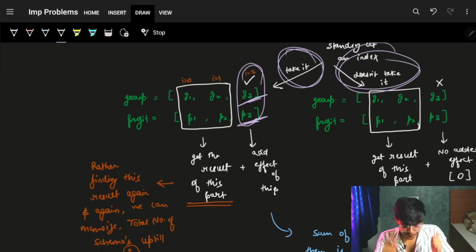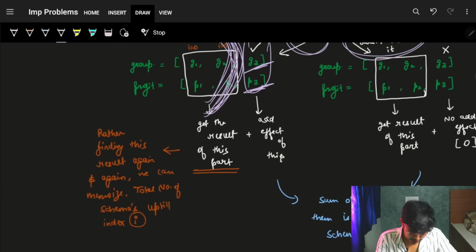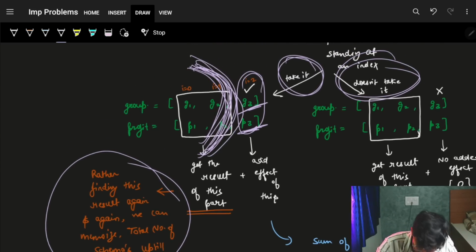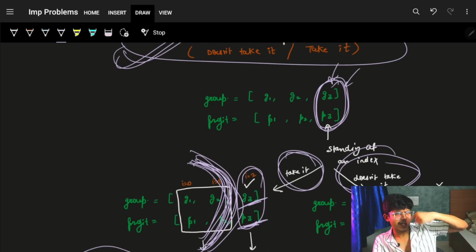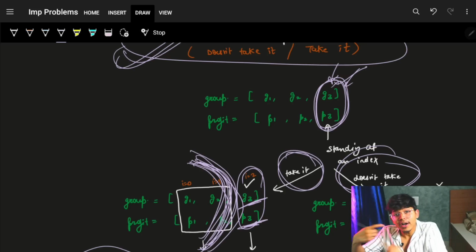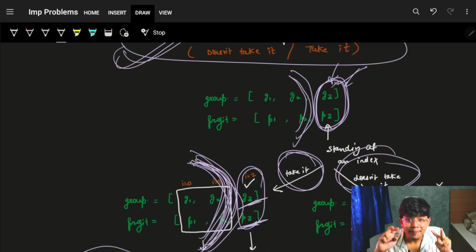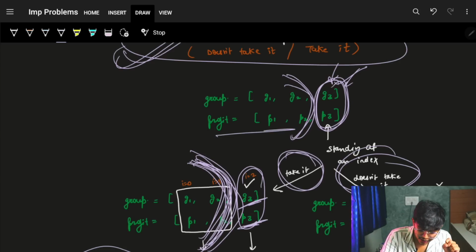But I also need the result of the before part, which means I need to find the number of profitable schemes up till this point. At point 3, I am saying, shall I execute this crime or shall I not? If I execute or if I do not execute, in both ways, I want the number of profitable schemes up till this point, right here.